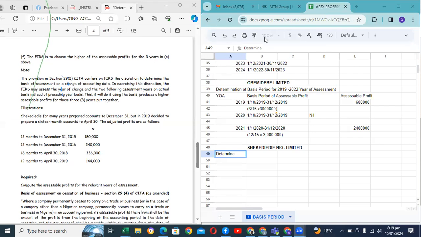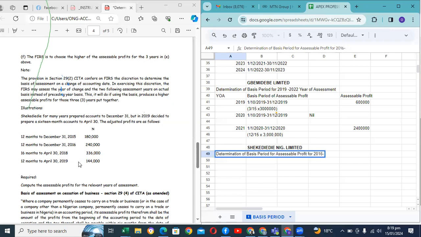All right, determination of basis period of assessable profit. Now let's look at it. The first year is 2015. So I will start the year after, because it's on preceding year basis. 2016, right?